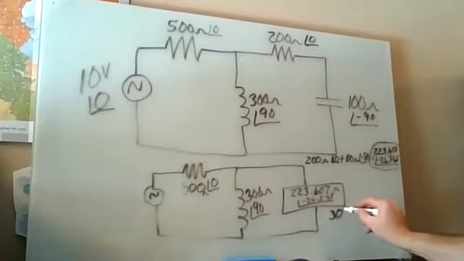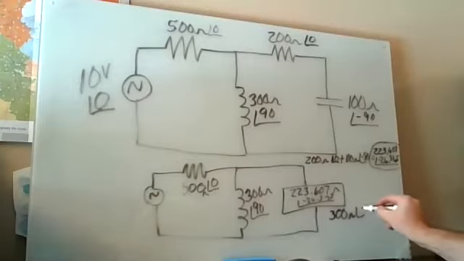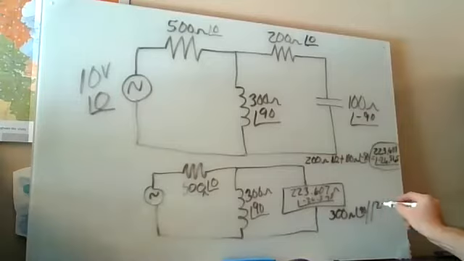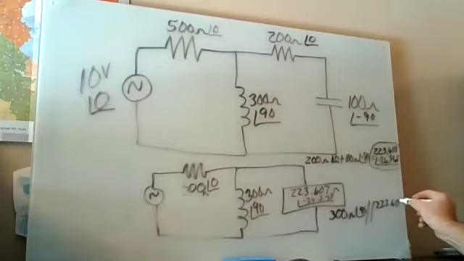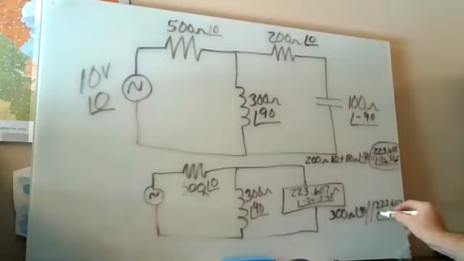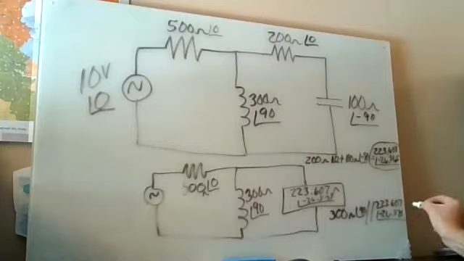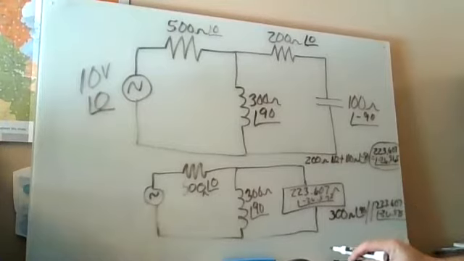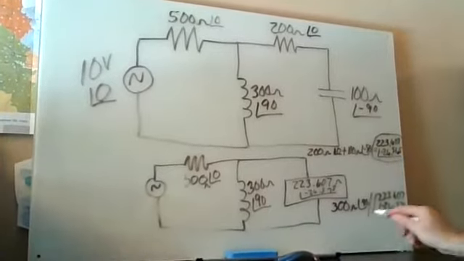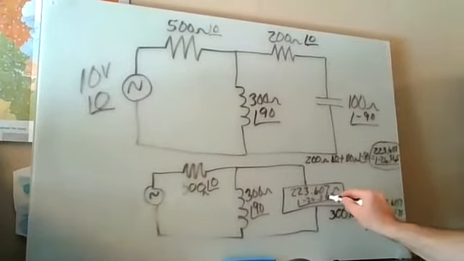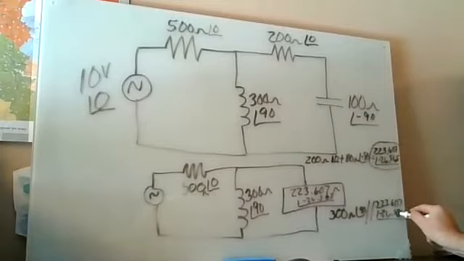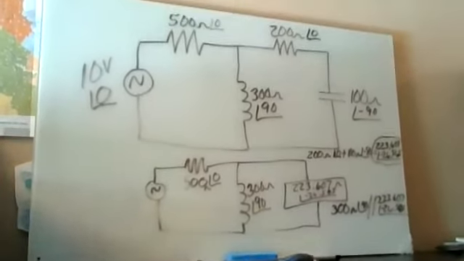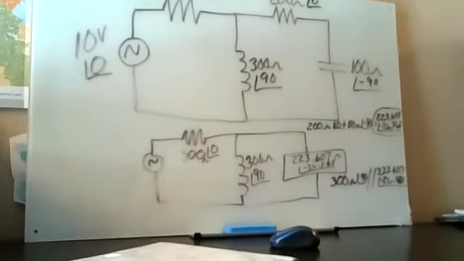So I've got 300 ohms at an angle of 90 in parallel with 223.607 ohms at an angle of negative 26.565. I know I'm running out of space. Is it 575 or 565? Oh, 565. I can't copy from one to the other. Don't worry, we're all having that same problem. See, it doesn't happen to just you guys.